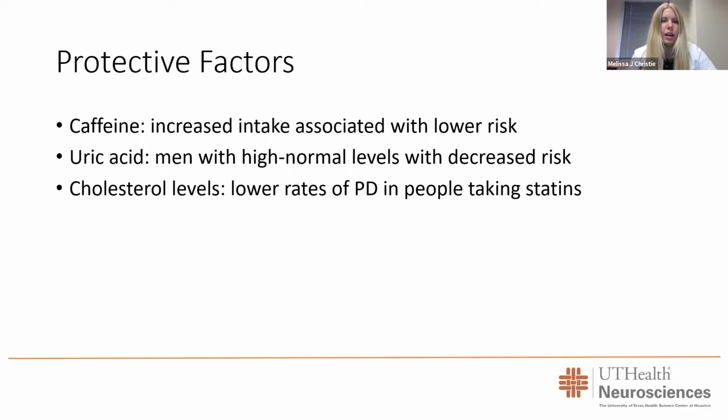Cholesterol levels: there are lower rates of Parkinson's disease in people taking statins, which are the most commonly prescribed type of cholesterol medications. There's also evidence that statins can help with lowering dementia risk. This is most likely because the brain can take different hits from different conditions. Having high cholesterol can make you more at risk for a buildup of mini strokes, or what we call white matter changes in the brain.